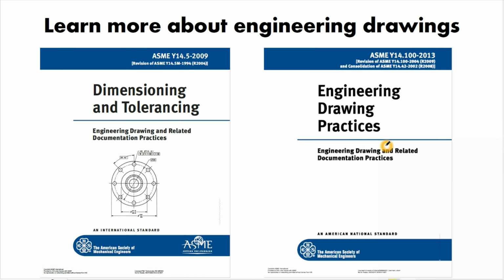Now, if you're an engineer or an engineering student practicing engineering or wanting to learn it, there are 2 separate American Society of Mechanical Engineers standards, also known as ASME. These are part of the Y14 standard set that define engineering drawing related document practices. Y14.5 is dimensioning and tolerancing, aka GD&T.